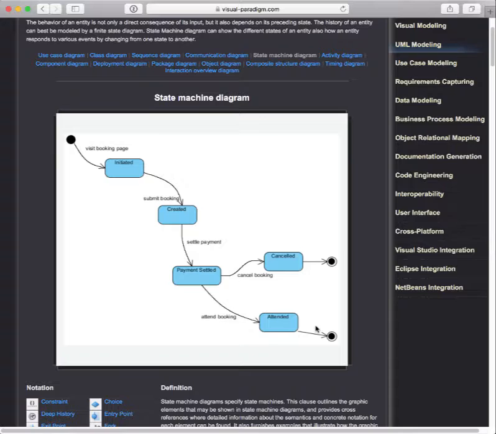So this sounds like some kind of concert ticket booking, right? So those are the start and stop, but I just would have one of these terminal or stop symbols, and I would have shared it between these two flows.